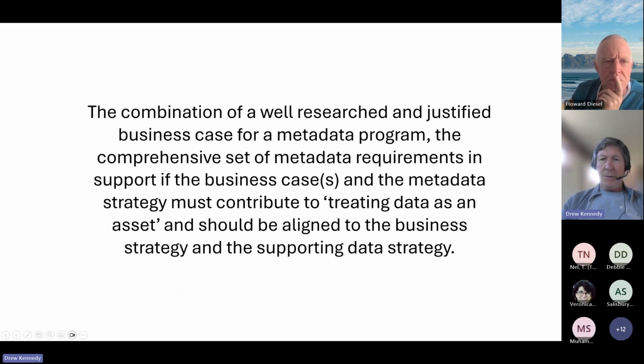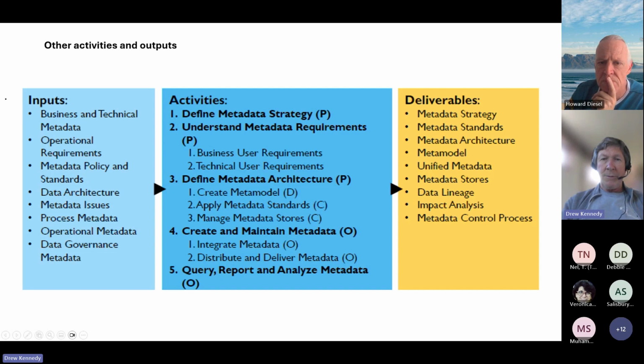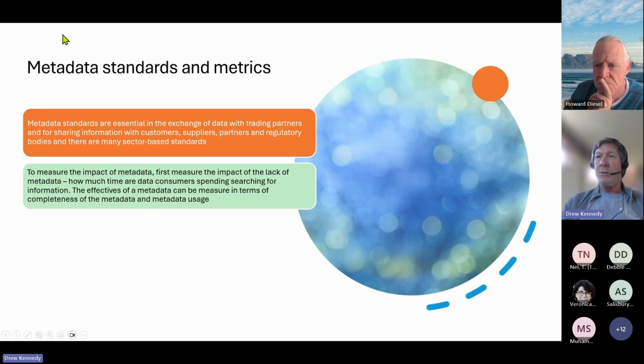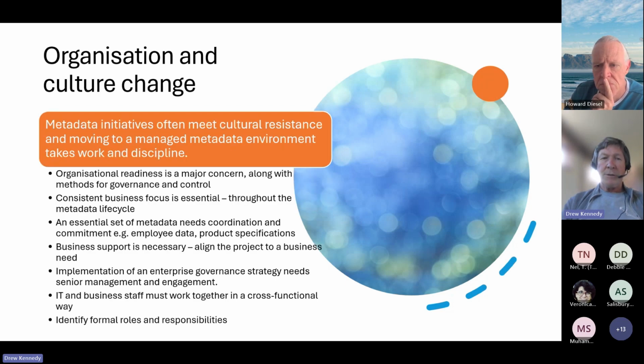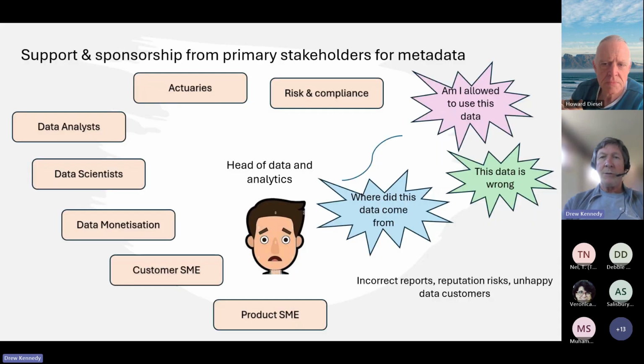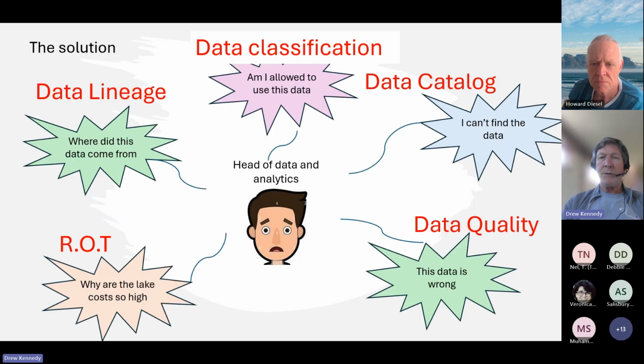So in summary, I think we've covered most of the stuff, but at a macro level, we looked at the standards, we looked at the metrics, we looked at the controls, we looked at the governance, we looked at the organization change, but more specifically, we looked at how do you build your business case? Where does it build from?